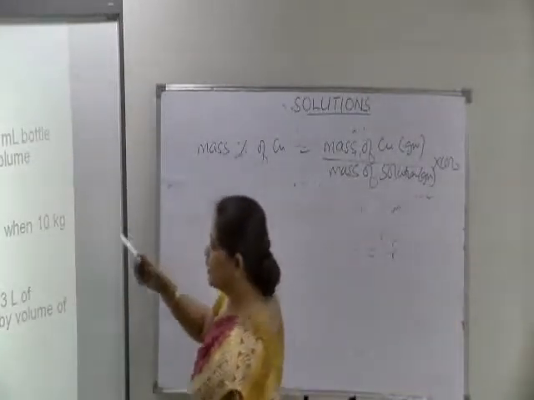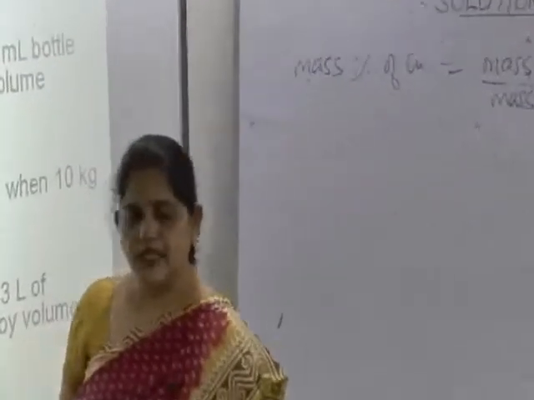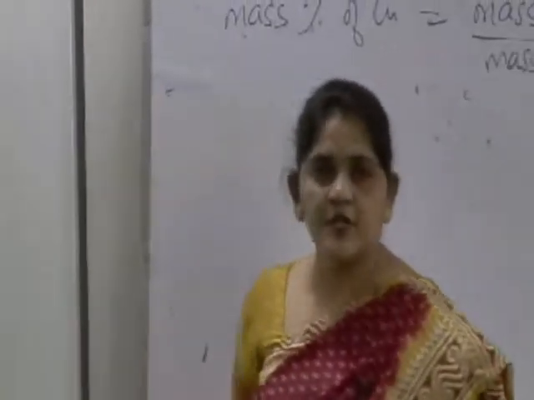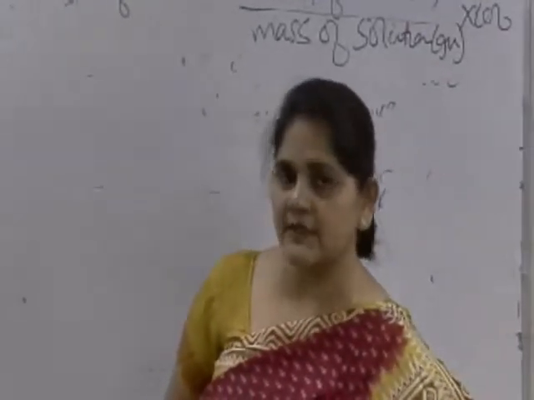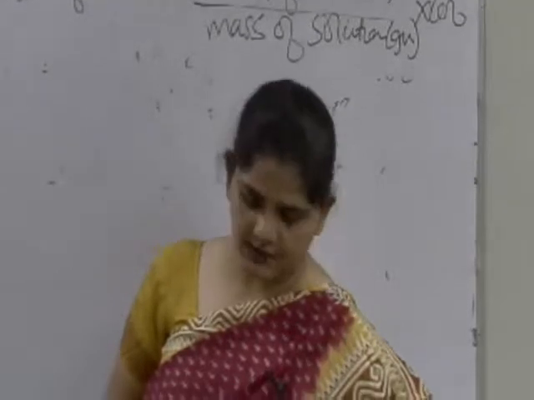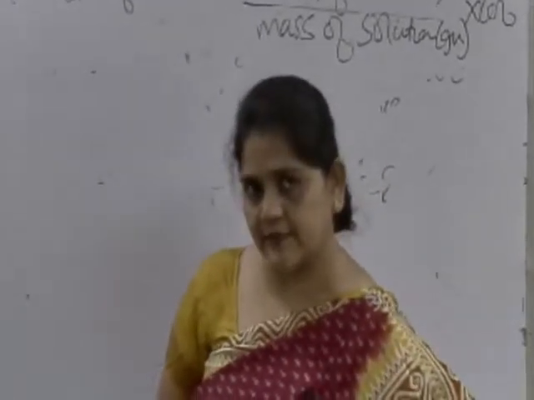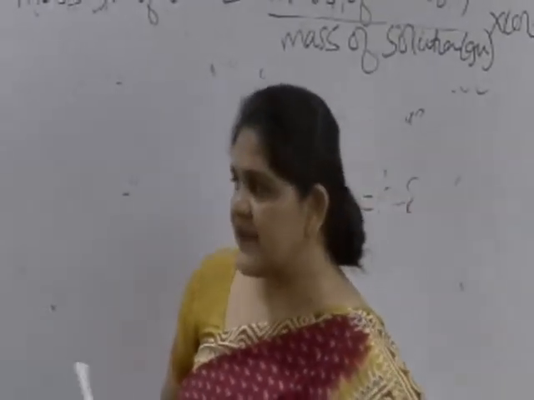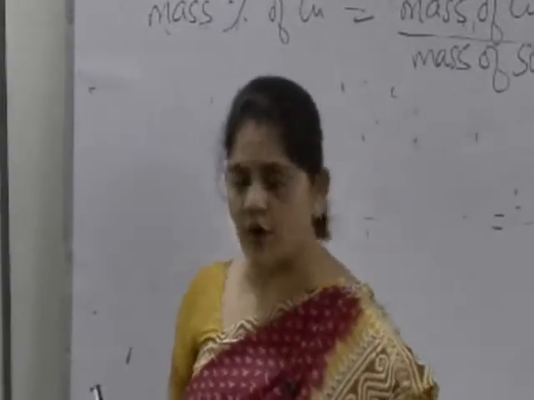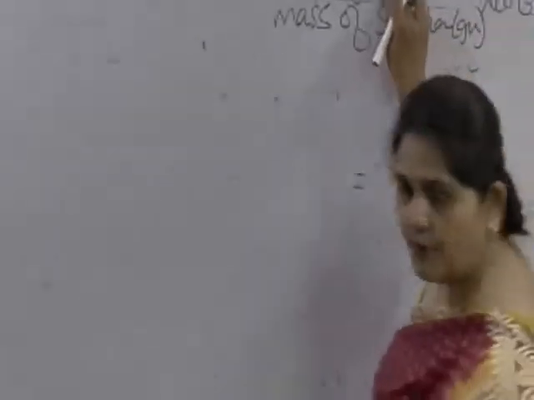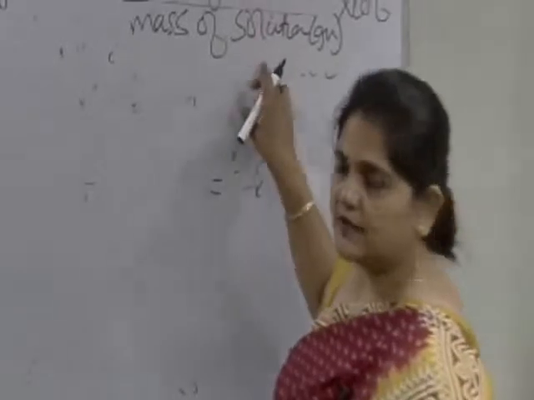Here, the physical state of the two, copper and zinc, is the same. So the one which is in a smaller quantity is the solute. The one which is in larger quantity is called the solvent. But since we have to find the mass percentage of copper, we have to take copper upon the total mass of solution.